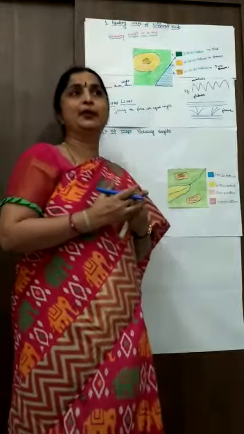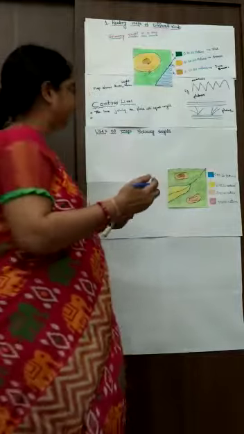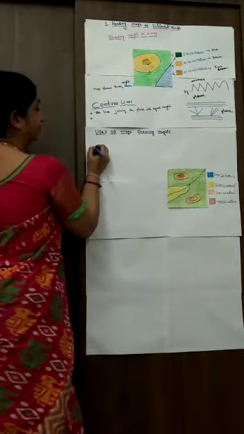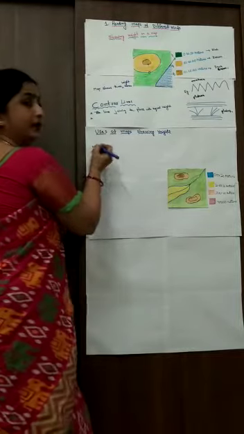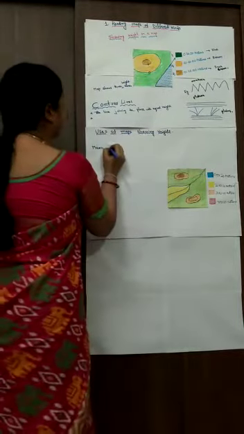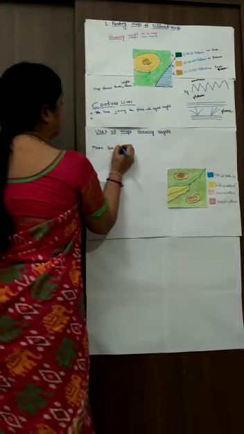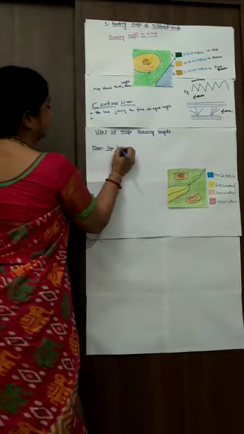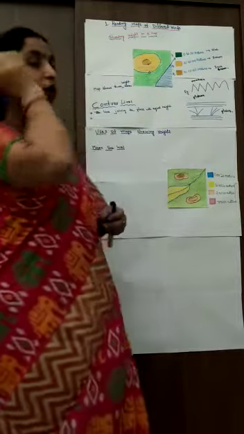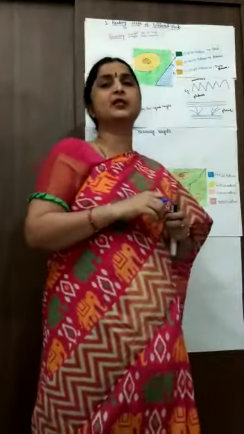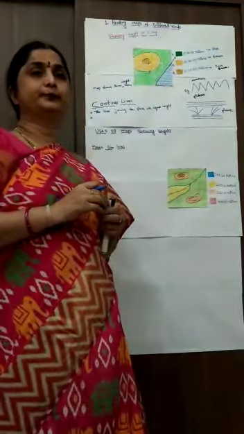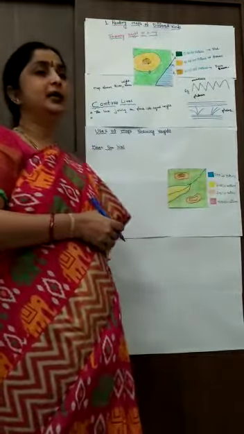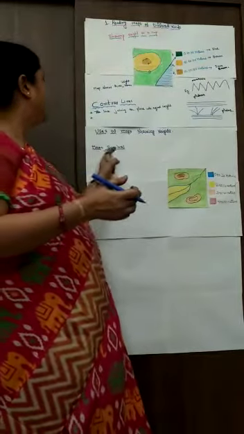This topic is completed. And the last one is mean sea level. As we have learned in the first lesson of the chapter, all heights are measured from the sea level.